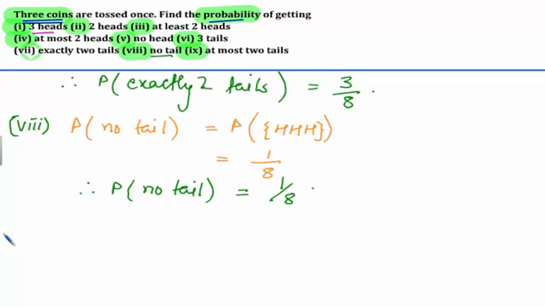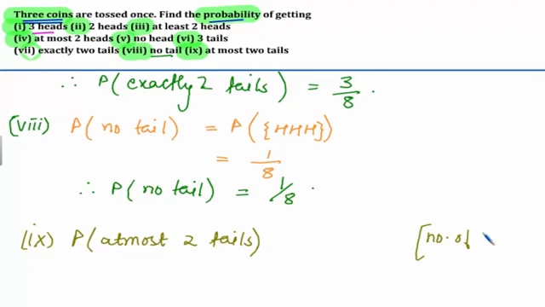Finally, let's find the solution to the last part, that is the probability of at most 2 tails. At most 2 tails means that the number of tails is less than or equal to 2.